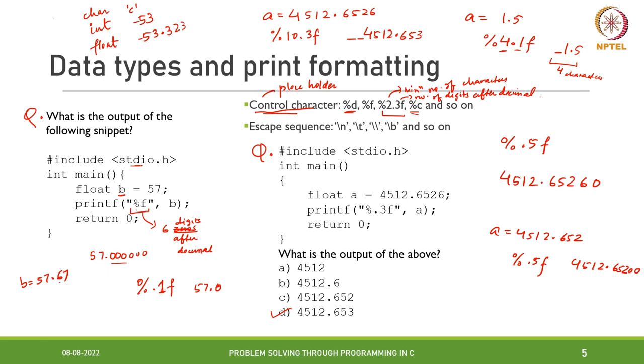Okay, so when you are trying to print a floating point, you have to use %f. When you are trying to print an integer, you will use %d. Okay, let me change the statement. If you're trying to print the value of a floating point variable, you will go with %f. If you're trying to print the value of an integer variable, you will use %d.